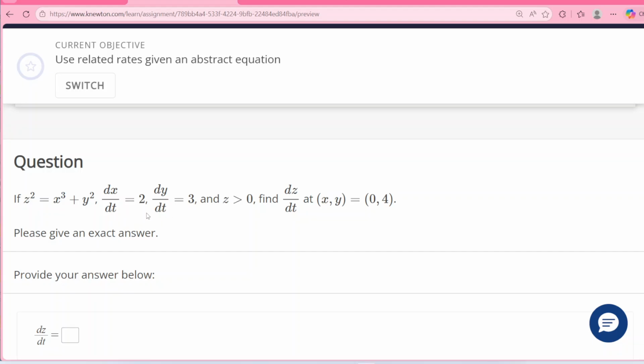But notice again, the denominators in the derivatives here have the variable t. You're taking the derivatives with respect to t. So that's implying, right? We're doing implicit differentiation, that x and y and z all depend on this t variable.